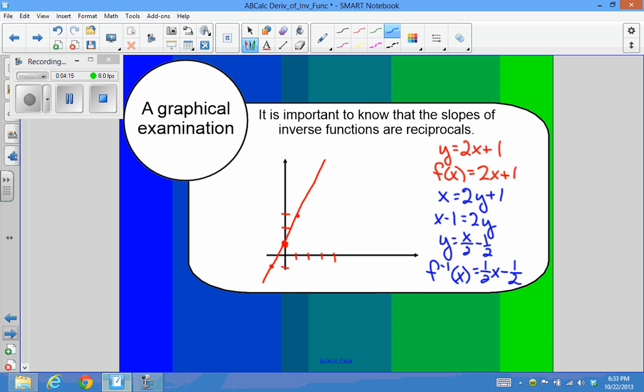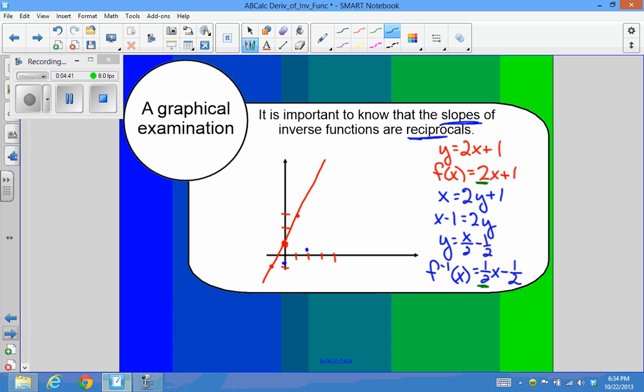Notice that the slopes, just like it was saying up here, the slopes of inverse functions are reciprocals. And you can see that very easily right here with your 2 and your 1 half. So when you graph that inverse, you would go down a half and then rise 1 and run 2.